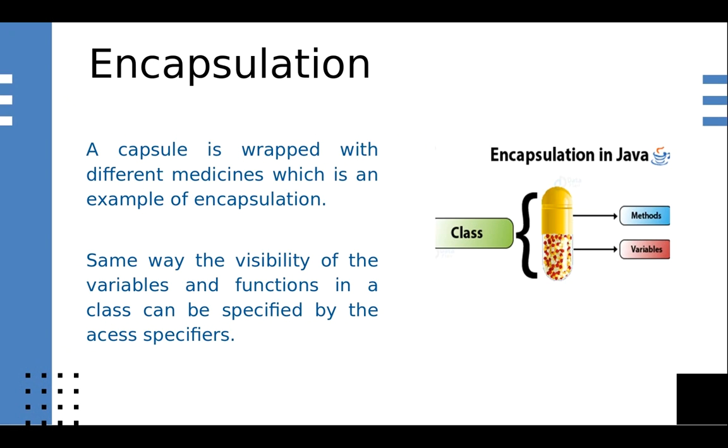And what are the access specifiers? Private, default, protected and public access specifiers. Depending on which access specifier we are using, the boundary, that is, till where these variables and functions can be accessed, can be limited. So that is what encapsulation is.